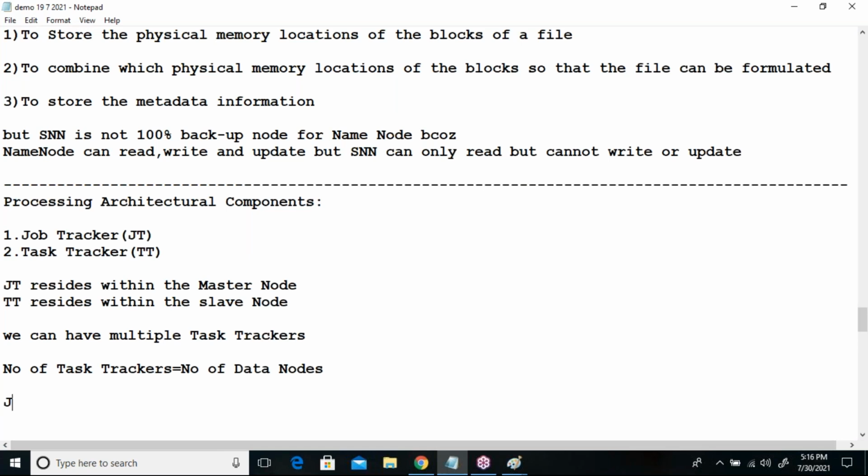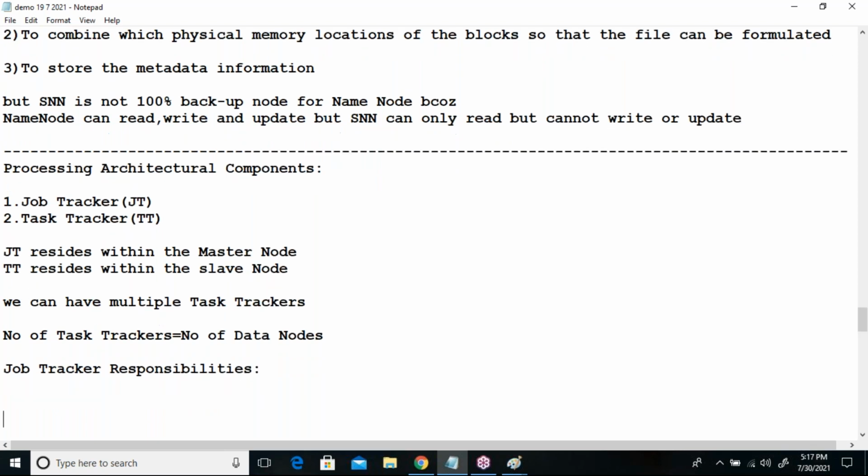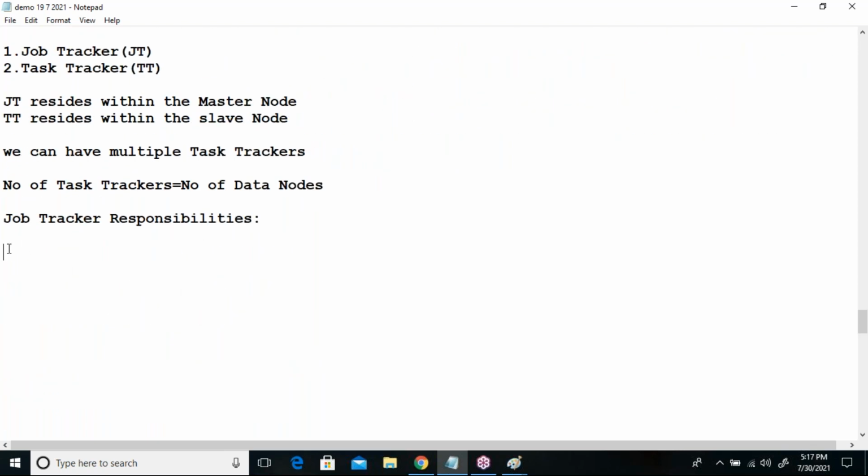Now, job tracker responsibilities. Name node's responsibility is storage related, and for task related work, job tracker takes the responsibility. First, task assignment: who is going to assign the task? The master. Second, load balancing.